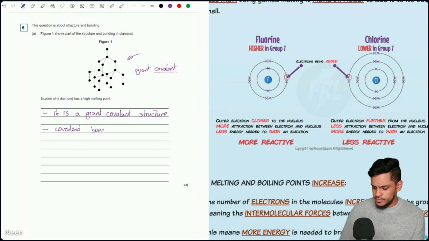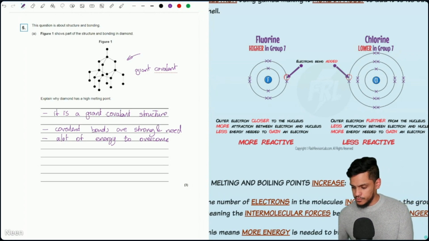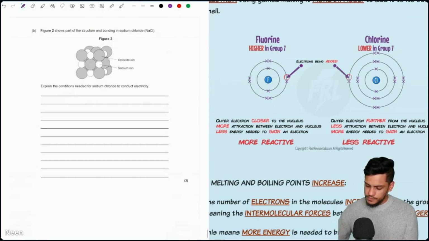Covalent bonds are strong and need a lot of energy to overcome or to break. Oh, yeah, that's all 3 marks. 1, 2, 3. 3 marks done. Next.